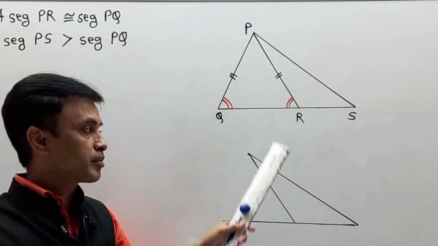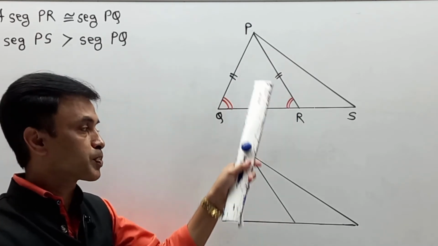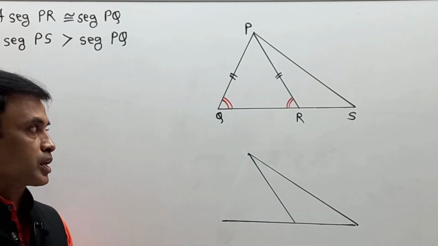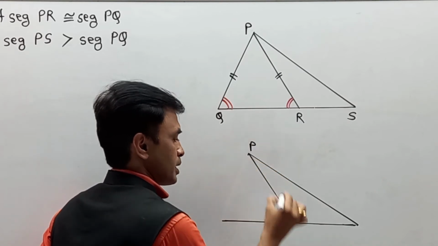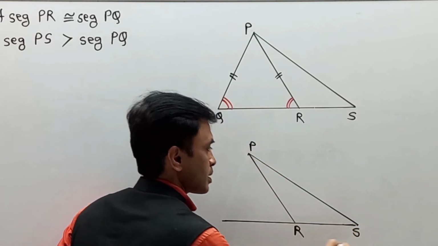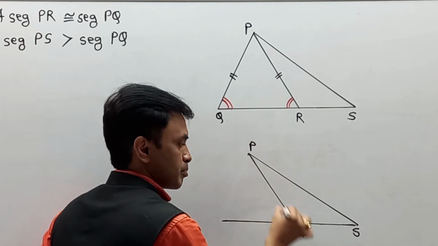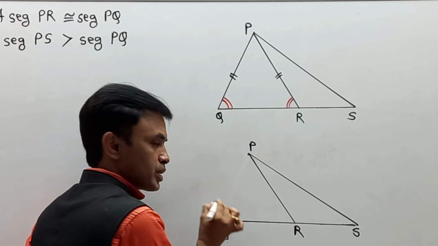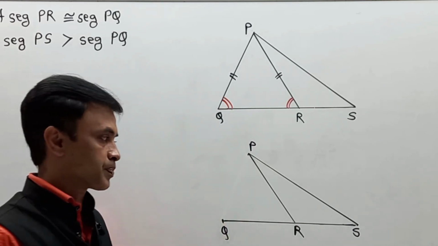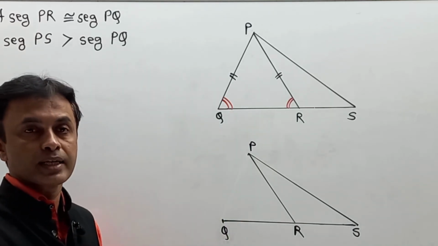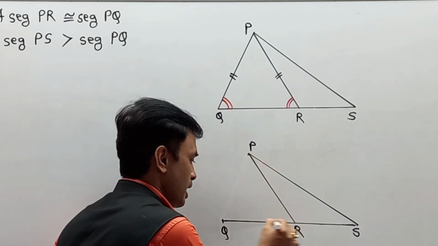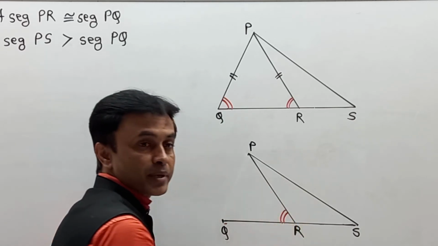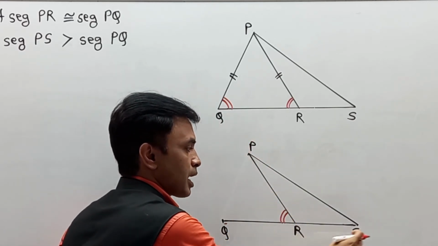Now from this part we are entering into the reference. Again observe triangle PRS. For your triangle PRS, I have not drawn this side so that you can easily understand the part. Here angle PRQ becomes the exterior angle for triangle PRS.